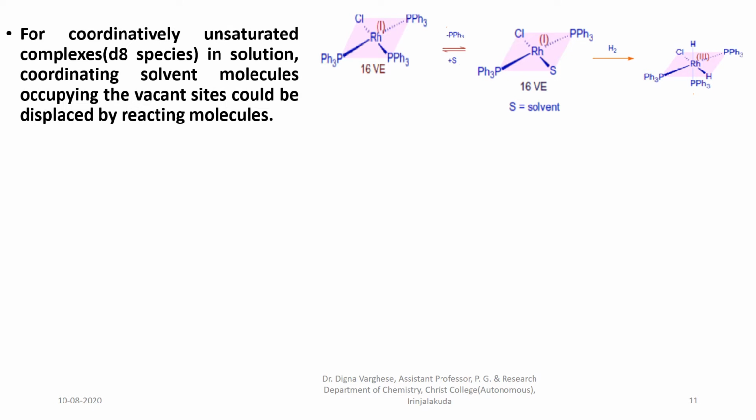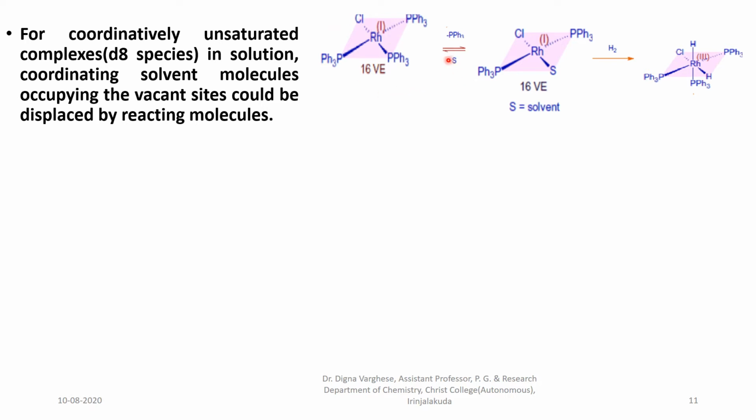For coordinatively unsaturated complexes like d8 species in solution, coordinating solvent molecules occupying the vacant sites could be displaced by reacting molecules. Here we can see the coordination number 4 of the rhodium-I complex.